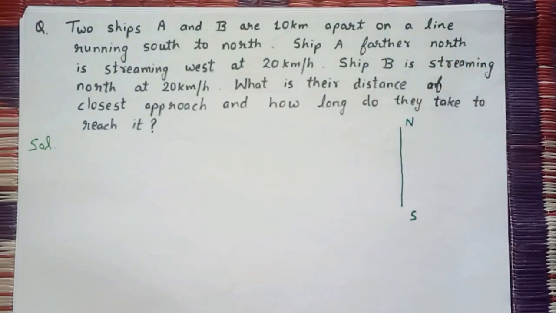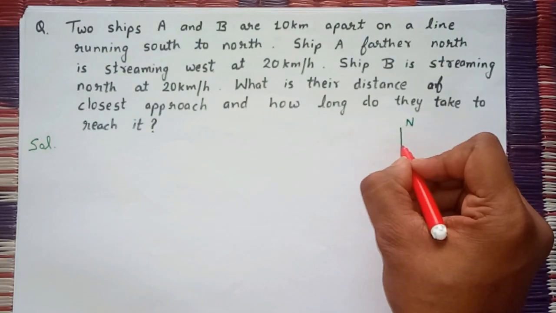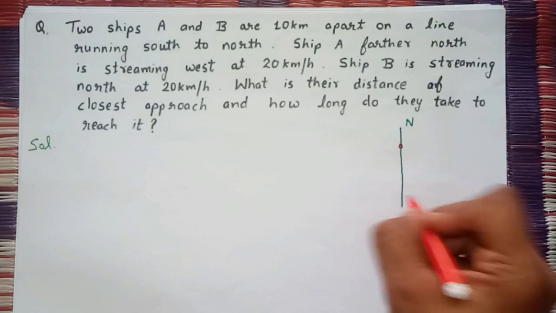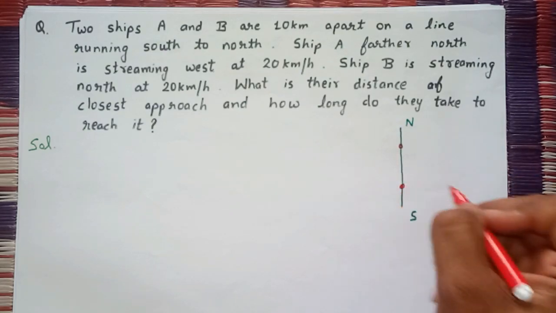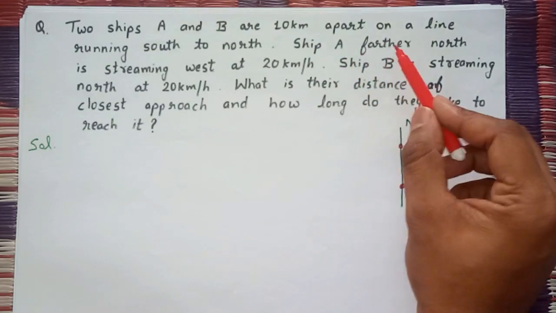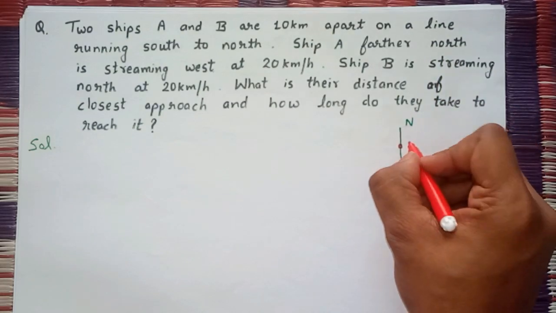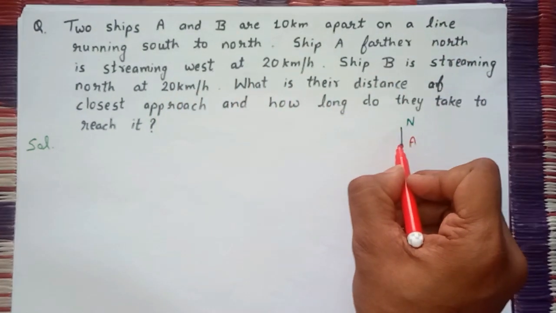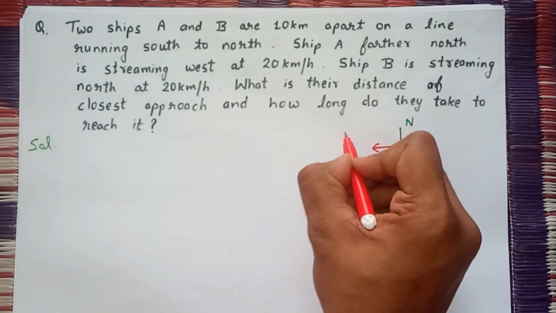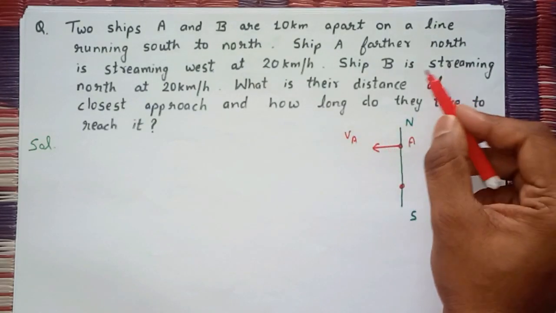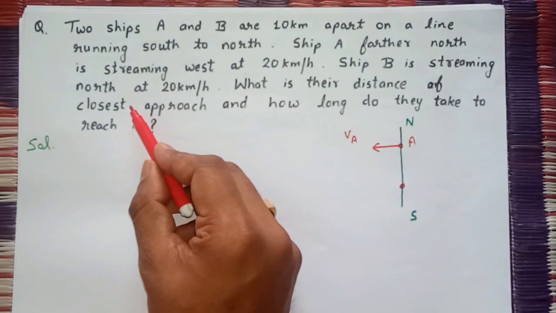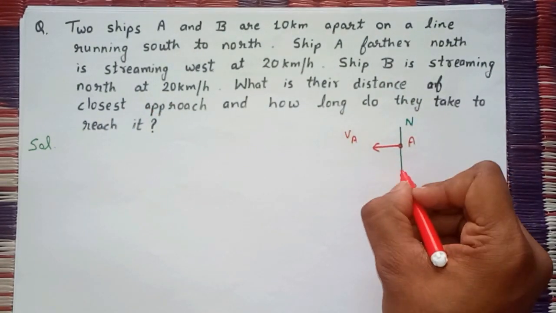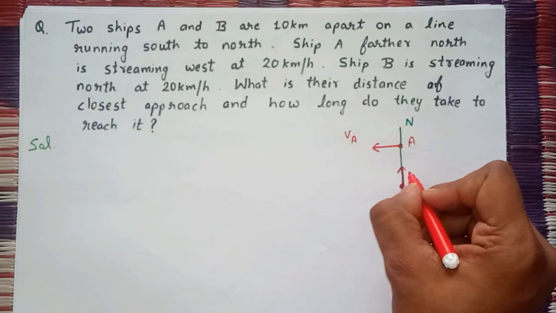Ship A farther north is streaming west, means ship A is on the north side and ship B is on the south side, because it is saying that ship A farther north means ship A is forward. Is streaming west, it is going in the west direction. This is the velocity of A. Ship B is streaming north at 20 km per hour, and this is velocity of B towards the north.